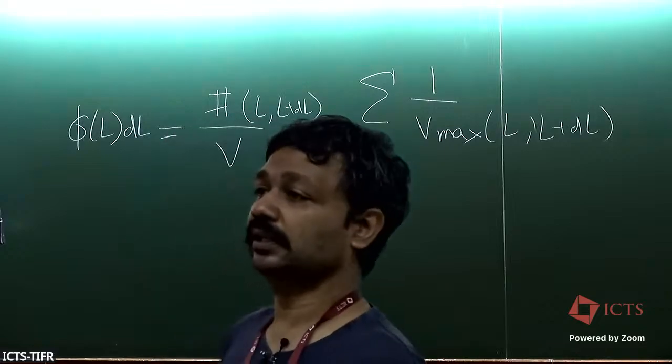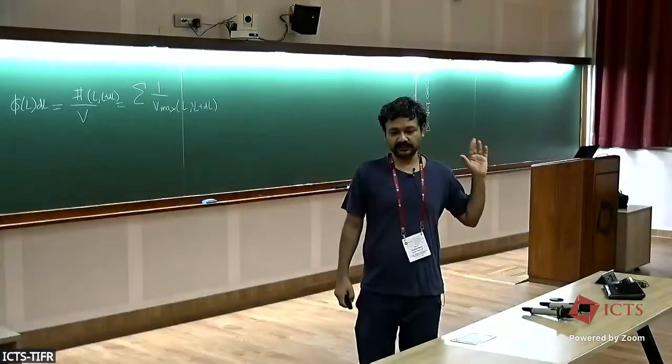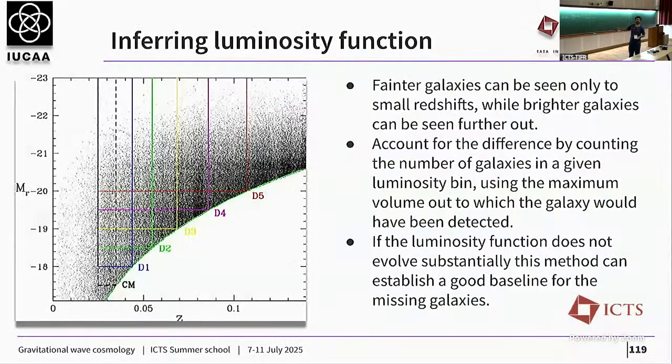Okay? Now what you can do is, if you assume that the luminosity function is not evolving as a function of redshift, okay, then you can fill in these missing galaxies. Right? So that is what is done in GW Cosmo and Icaro GW. So the assumption is, in the redshift ranges of interest that we will be looking at, that these missing galaxies will basically follow the same luminosity function as this entire population that you see here.